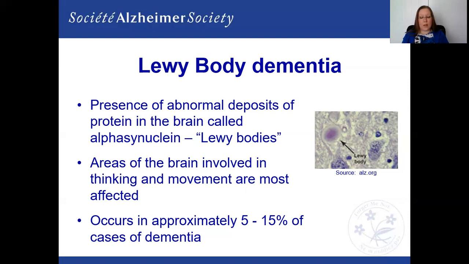If, though, the physical symptoms appear first, with the cognitive symptoms developing maybe a year or more later, then the term Parkinson's disease dementia is used. So there's a little bit of a distinction there in terms of how those symptoms come about and how they develop.